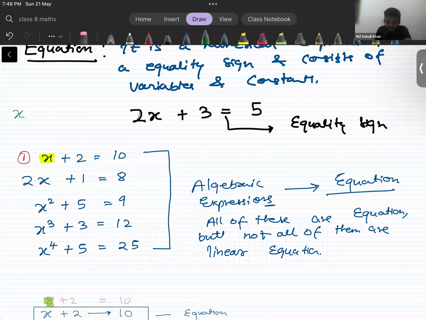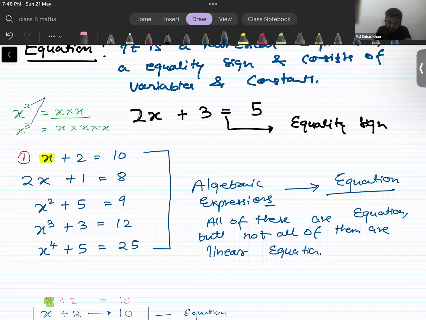Like x raised to the power 2 means x multiplied by x, which can be written as x square. And if you multiply x 3 times, in short that can be written as x cube. The constant value over the head of this variable is called power.